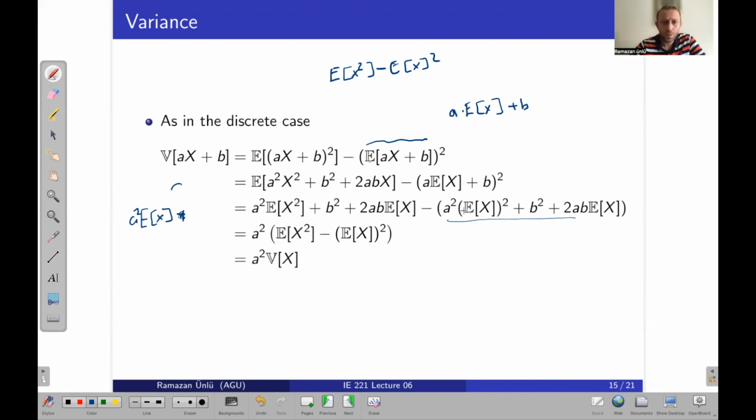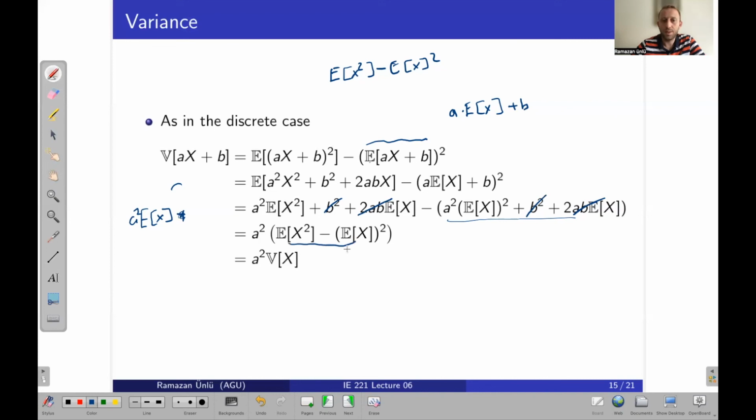The two b squares will cancel each other, and this 2 times a times b times expected value of x, and I have minus the same thing, so this will cancel each other, and I will end up with a squared times the expected value of x squared, right? And minus a squared times the expected value of x, squared. So the common factor is a squared, so that will be a squared times the expected value of x squared minus the expected value of x, squared.